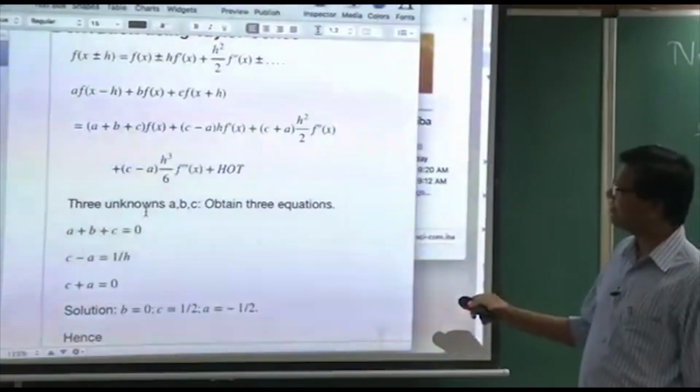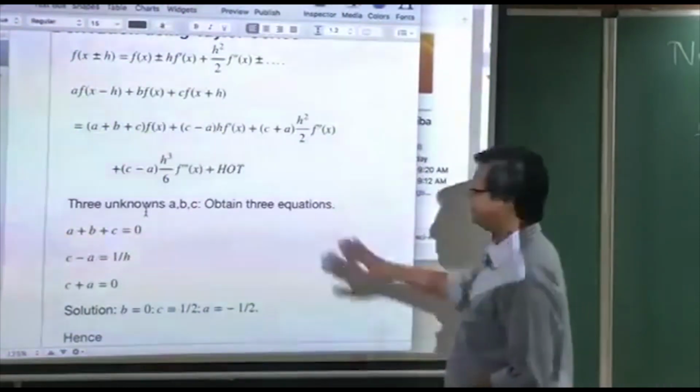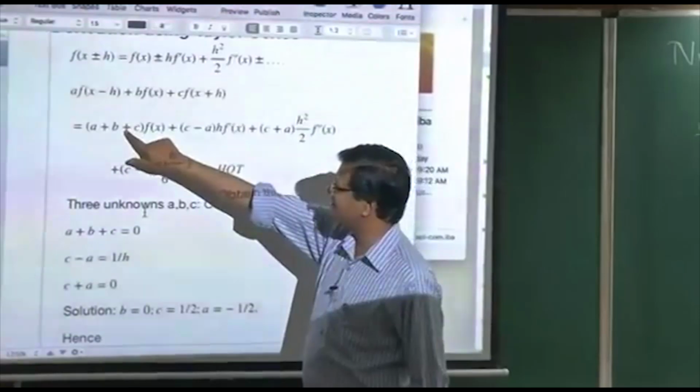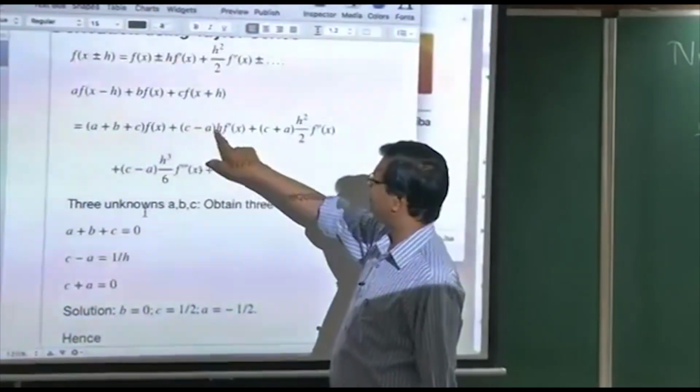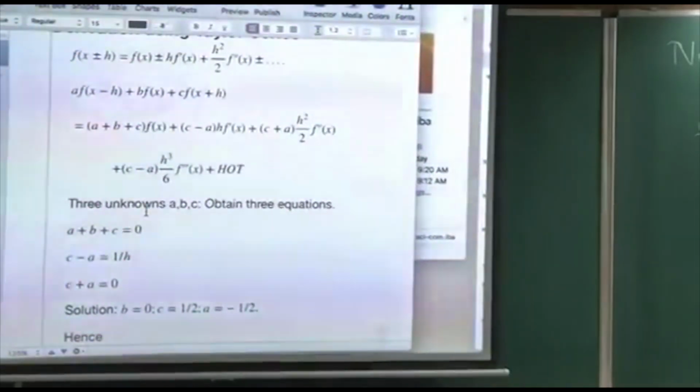I will get f prime x, ignoring this term. I equate this to 1 by h, so this becomes 1 and this is 0. So I get a formula for f prime x. These three expressions give you the values of the coefficients a, b, c. So b is 0, c is half and a is minus half. So that is the central difference scheme.